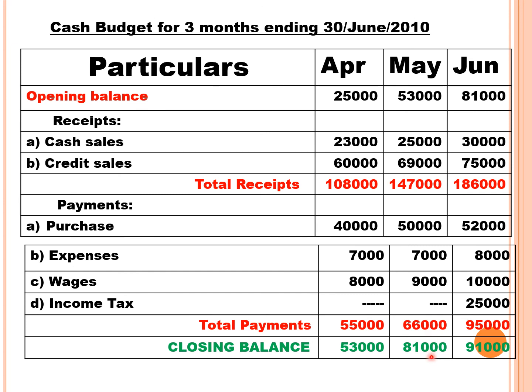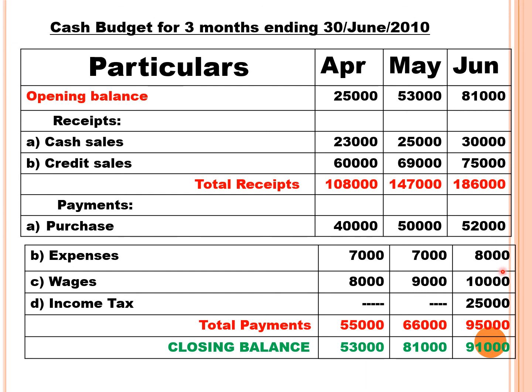So closing balance of May will come to opening balance of June, 81,000, plus cash sales of June plus credit sales of May. May sales you receive in June. So total receipt 1,86,000. Purchases: April purchase you pay in June.